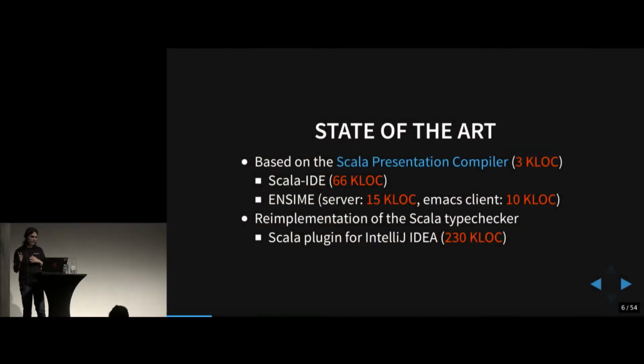All those projects do interesting things, but we can't really reuse them directly with a new compiler, especially since there are usually quite a lot of lines of code. Ensime is the most interesting one here because it has this server-client design, which means some parts could eventually be reused. But I'll talk more about that later on.